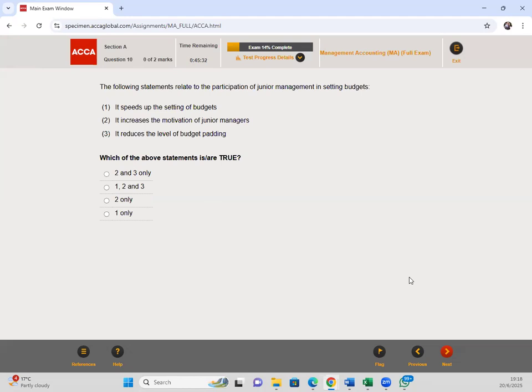If the budgets are done by juniors, they might set budgets that are too easy to achieve. They set a target that they know they can easily achieve and get maybe the rewards that come with it. So we end up incorporating unnecessary things into the budget. So that one, it doesn't reduce. So I would go with two only.